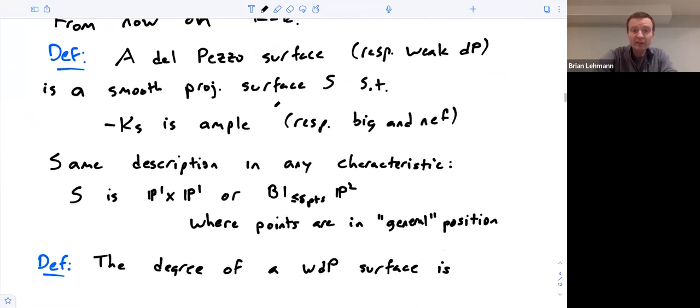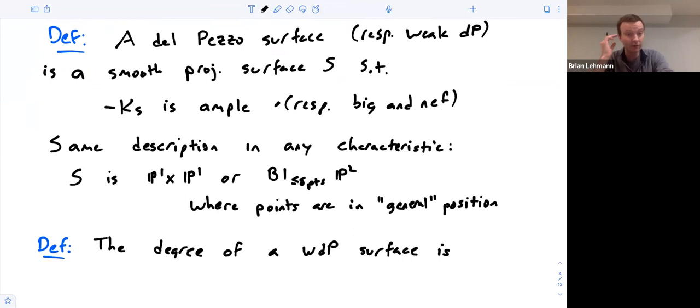And we have a pretty explicit description of what these look like, and the description's the same in any characteristic. Aside from P1 cross P1, they're all blowups of P2 in at most 8 points, where precisely the 8 points need to be in general position in some sense. Depending upon whether you want a del Pezzo or a weak del Pezzo, general has slightly different meanings.